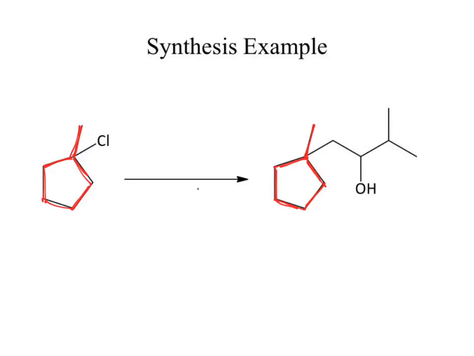So somehow or another, I need to break that chloride bond and then make that carbon-carbon bond. So we could then go through and see how many carbons changed. Okay. Any ideas?